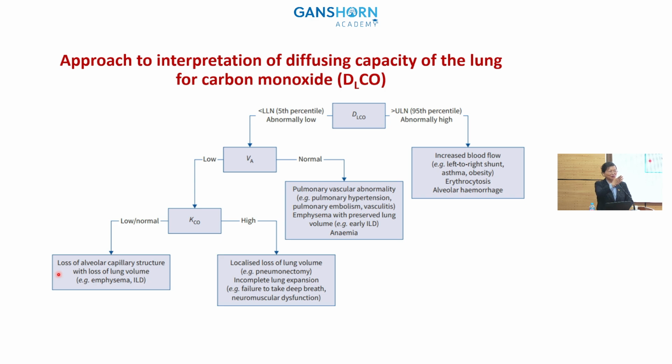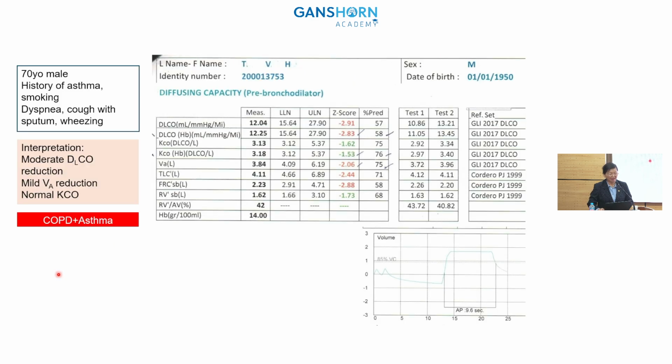Could you get that answer? Yes, it's right. Because we have seen the COPD picture very clearly with airway obstruction, with the loss of alveolar capillary structure. But remember that he has a history of asthma.